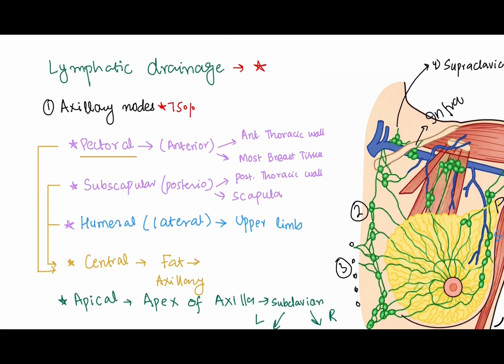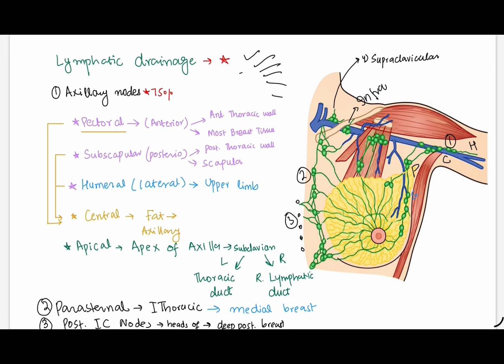Then there's a very, very important topic. If you are going to remember one thing from breast anatomy, it's going to be lymphatic drainage. Why is it important? Because we are going to see how breast carcinoma spreads all over the body, and you should know that. Lymphatic drainage goes to the axillary nodes, because breast tissue is present near the axilla.